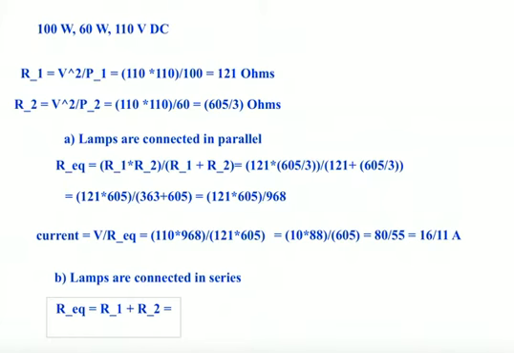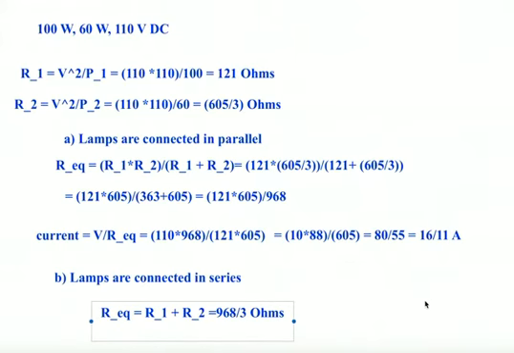121 into 3 is 363 plus 605, that is 968, right? 968 by 3. So 968 divided by 3 ohms.